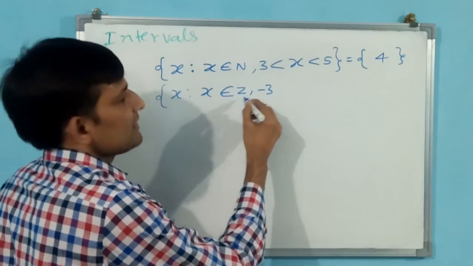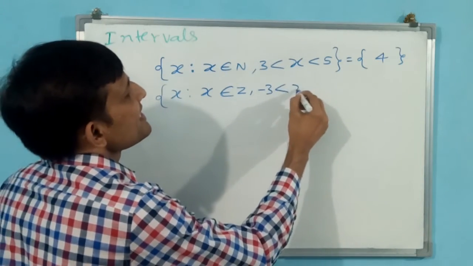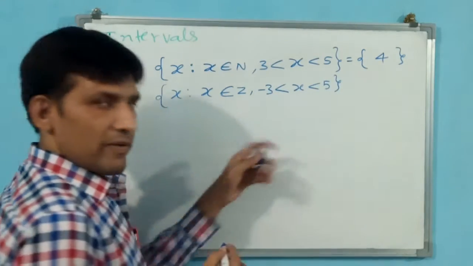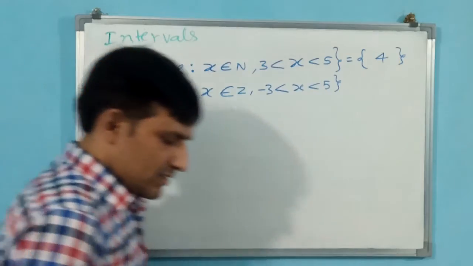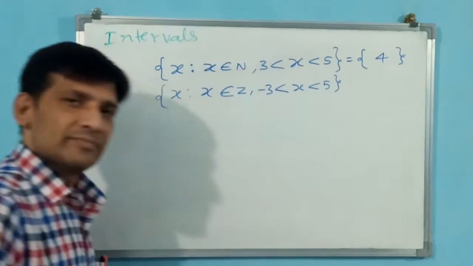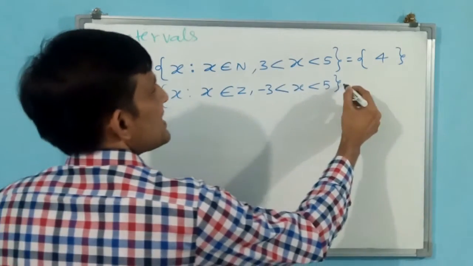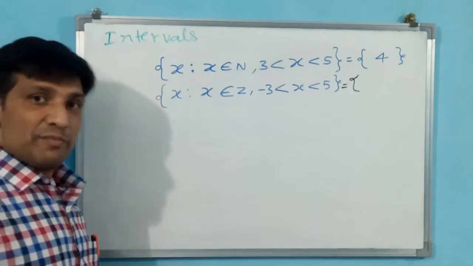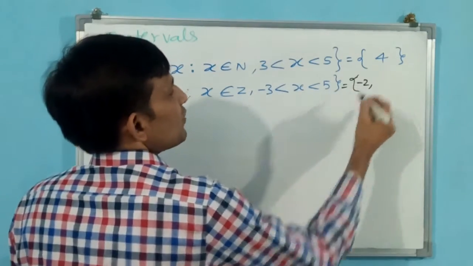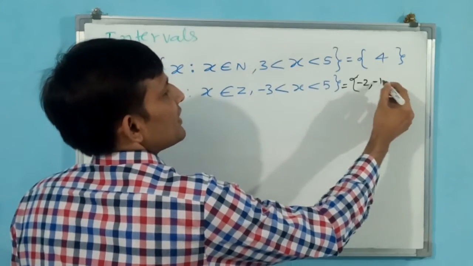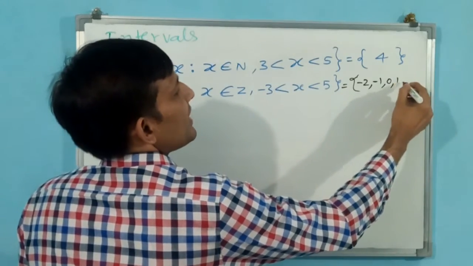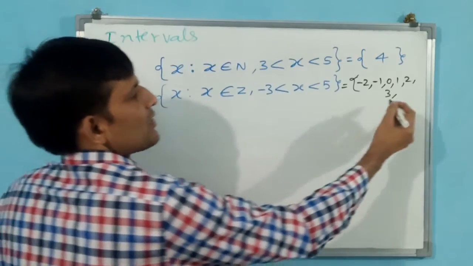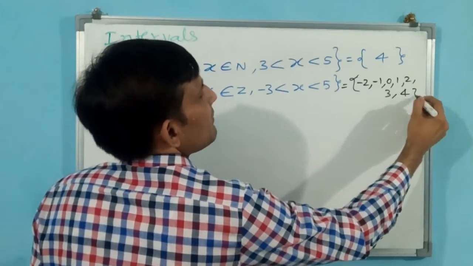Because Z I have taken, minus 3, and 5. What result is going to come here? Greater than minus 3 means minus 2 is there. Minus 2, minus 1, 0, 1, 2, and even 3 and 4 will come here.